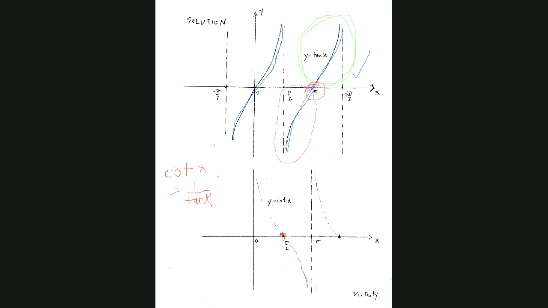But again, as we approach pi from the right, the tangent function gets smaller and approaches 0. Well, 1 over a very small number is going to be close to infinity. 1 over 0 is infinity. And so the cotangent function has to therefore approach infinity as x approaches pi from the right.